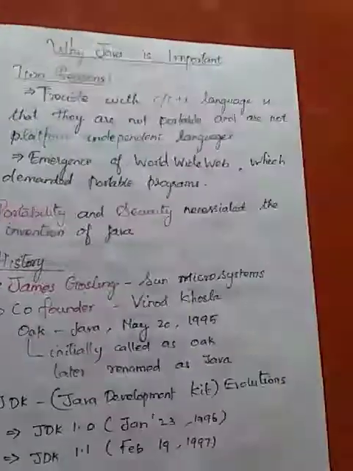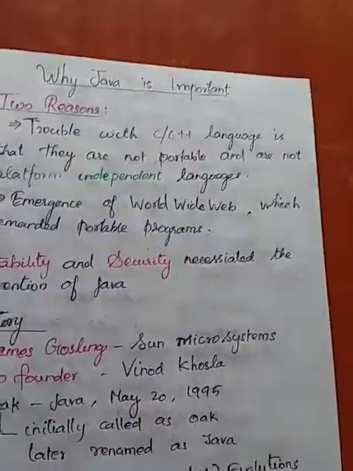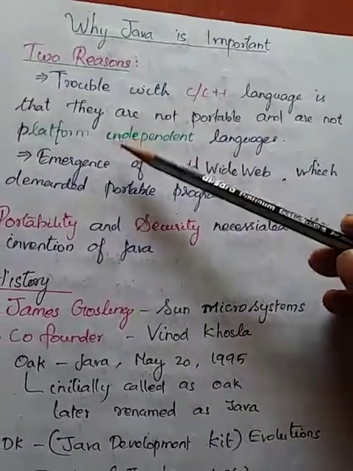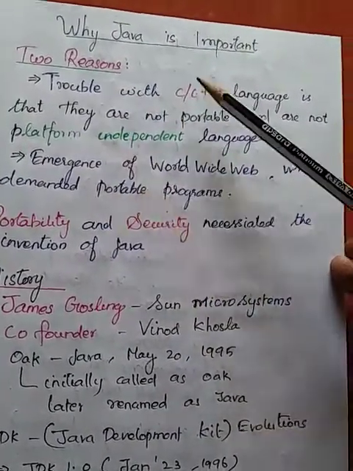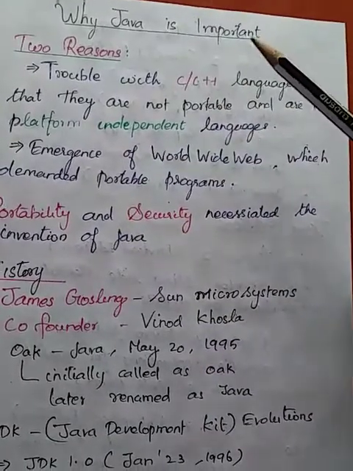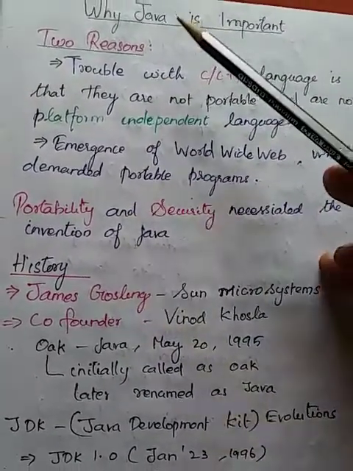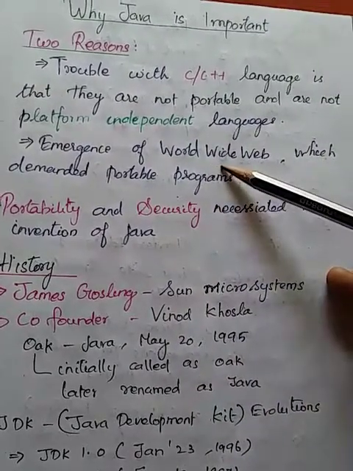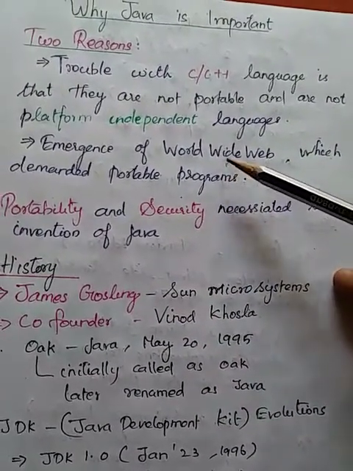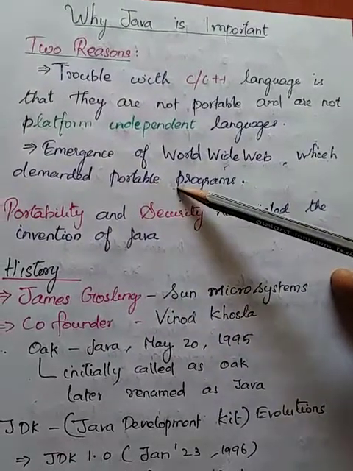The next thing is why Java is important. There are two reasons. One is that it is platform independent. C++ is not platform independent. When the worldwide web emerged, there was a lot of demand for portable programs.